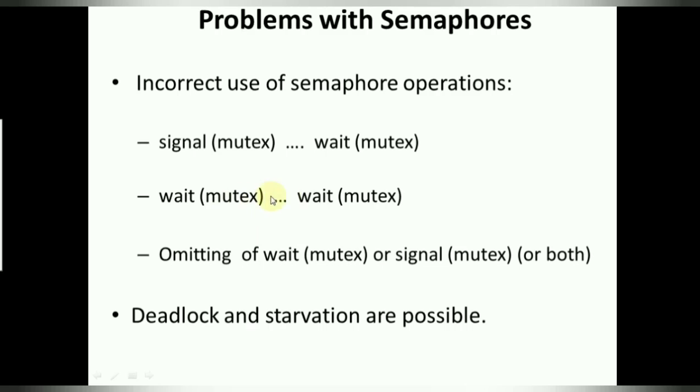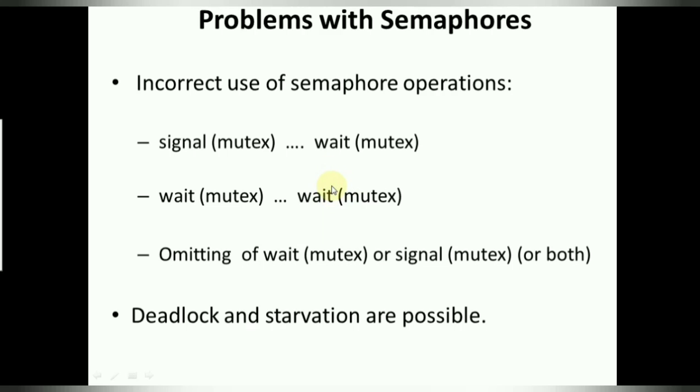If we take another case where we are running only the wait mutex both the times, what happens? It may end up in a deadlock. That is, a process has run a wait mutex and it has not released the critical section.